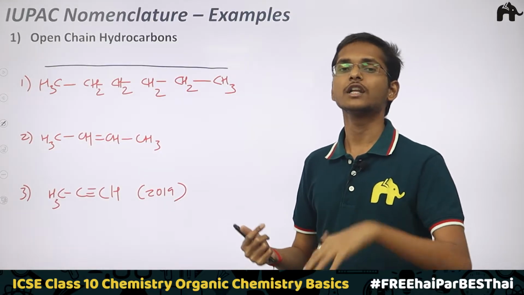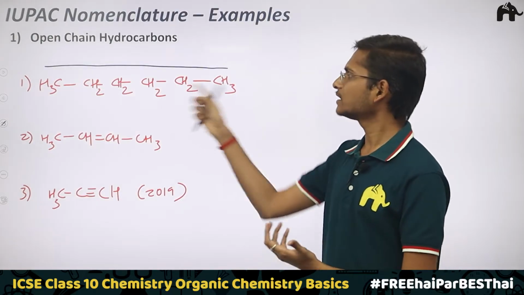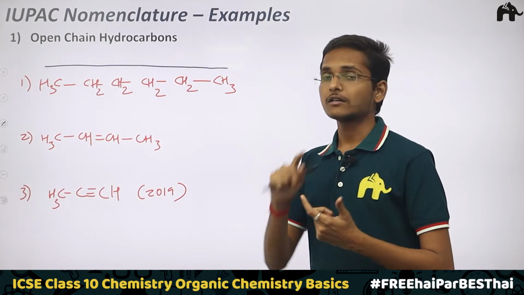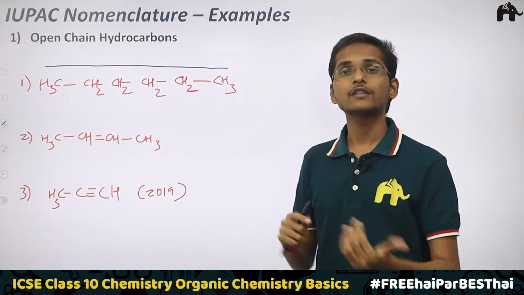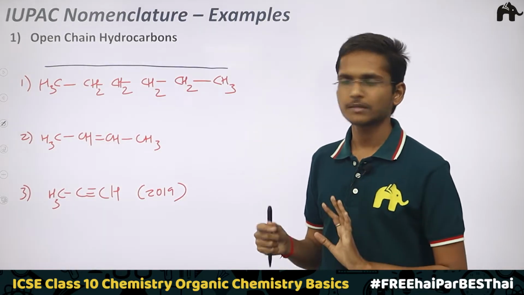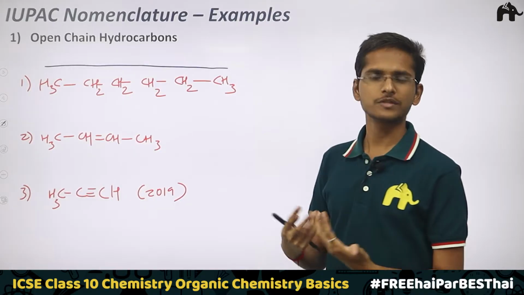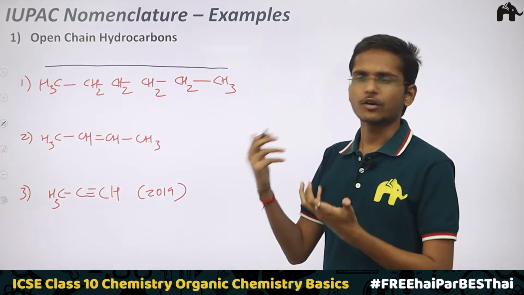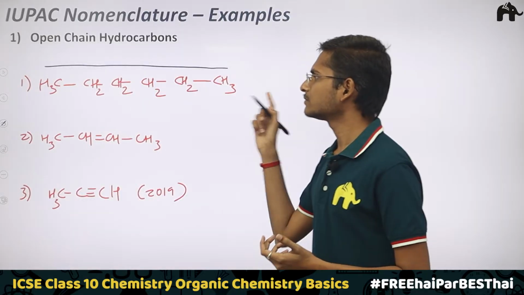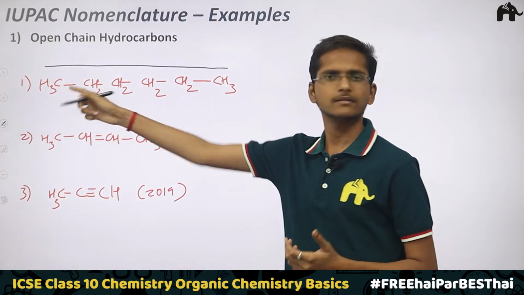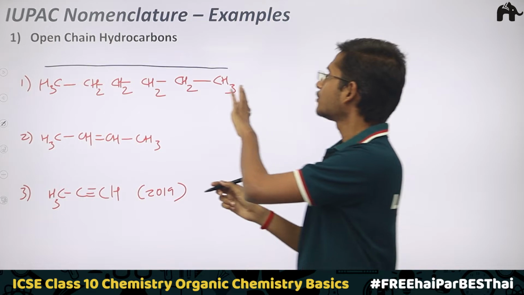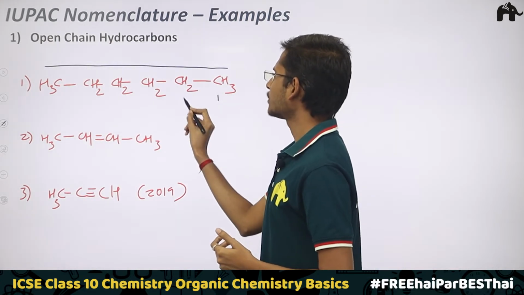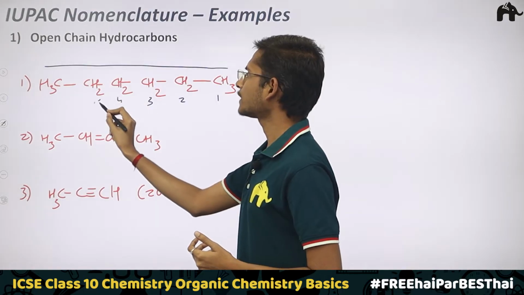Then the second rule is numbering of the carbon atoms in the carbon chain. We follow that rule by keeping one thing in mind, that the alkyl groups and the functional group must be given the lowest possible number. But here there are no alkyl groups, no functional groups, so we can simply number it in the way we want. We can start from this side or from that side, nothing matters. So I would start numbering the carbon atoms from this side: 1, 2, 3, 4, 5 and 6.